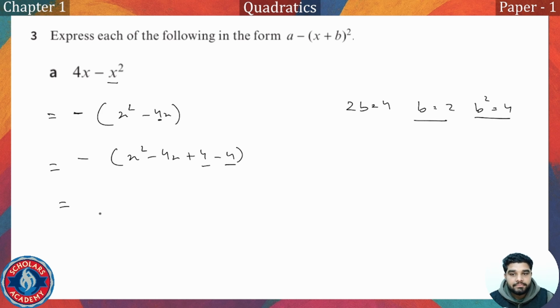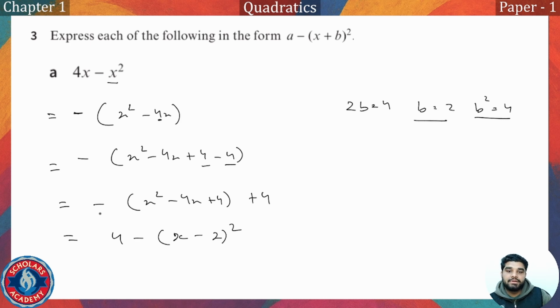Now negative of x square minus 4x plus 4, we'll take this negative 4 out, negative negative plus 4. So we get 4 minus, and this is x plus, sorry, not plus, the middle term is negative, therefore x minus 2 whole square, right?